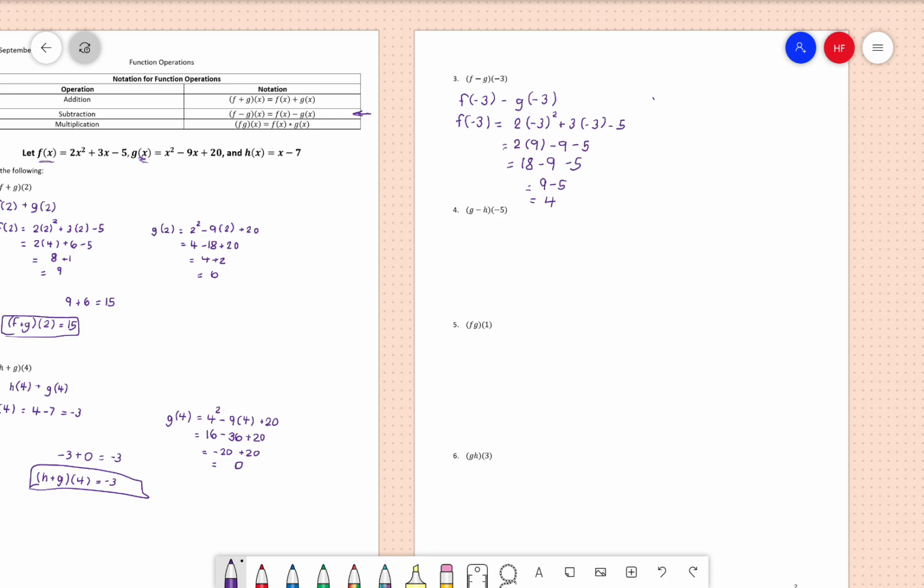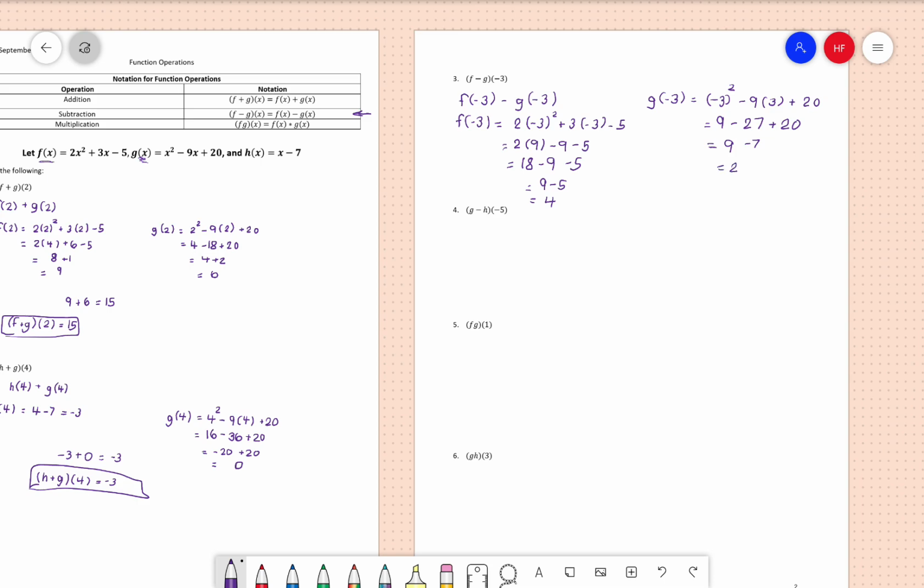And then g of negative 3, we have negative 3 squared minus 9 times 3 plus 20. Negative 3 squared again is positive 9. Minus 9 times 3 is minus 27 plus 20. Negative 27 plus 20 is negative 7. 9 minus 7, we get 2.